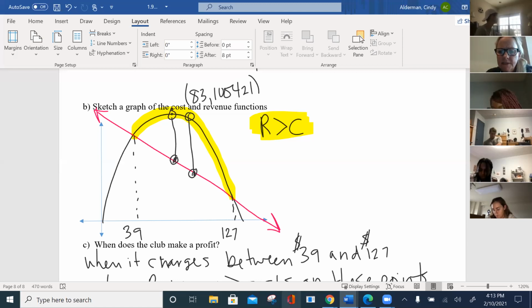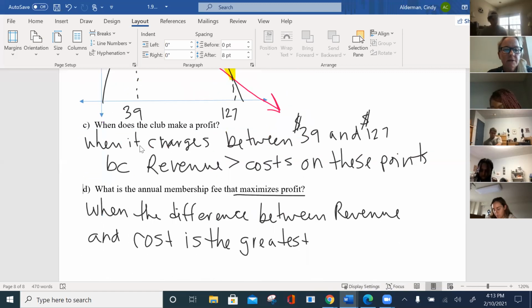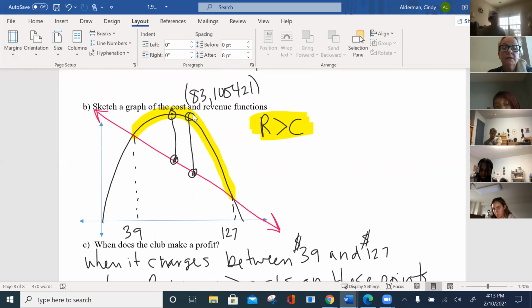Let me go back to Desmos. Let me answer this question too, right here. What's the annual membership fee that maximizes profit? It's when the difference between this Y value and this Y value is the greatest on the whole graph. And it turns out to be about right here.